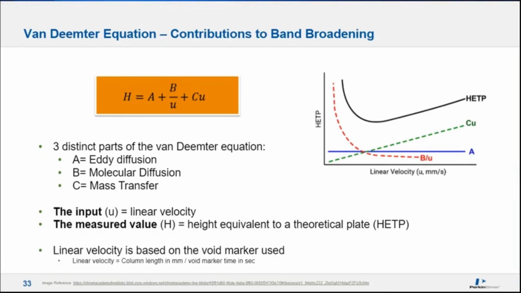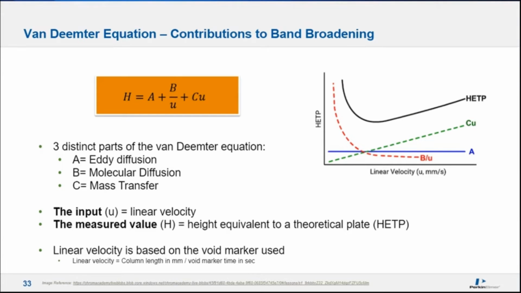What are some of the reasons that we find that smaller particles provide for a higher or more efficient separation? Well, there's an equation referred to as the Van Deemter equation, and it refers to factors that broaden a chromatographic peak. There are three distinct parts of the Van Deemter equation.